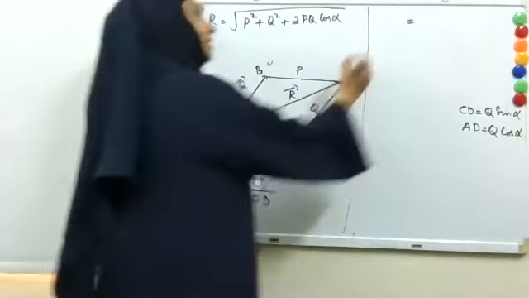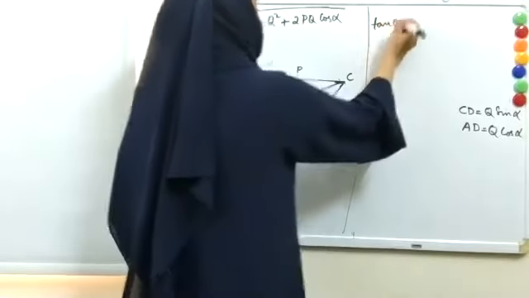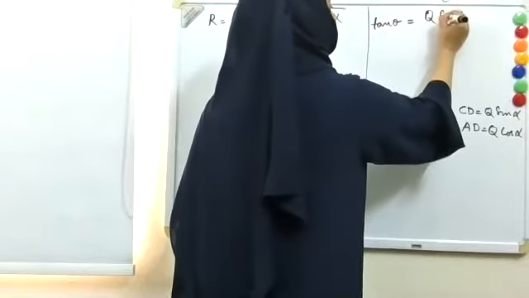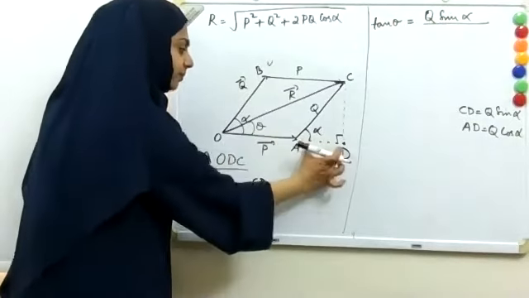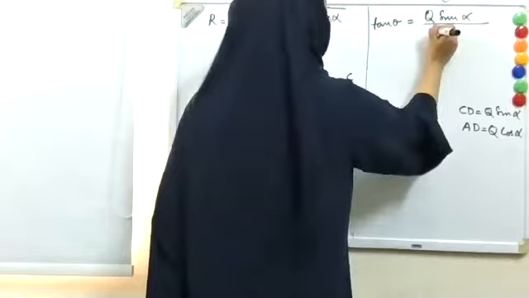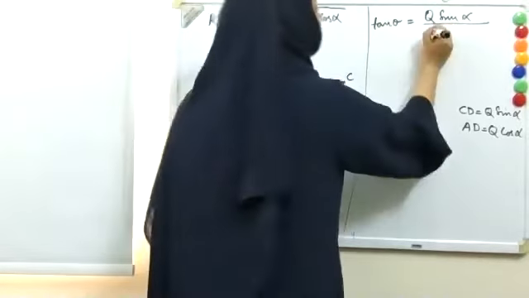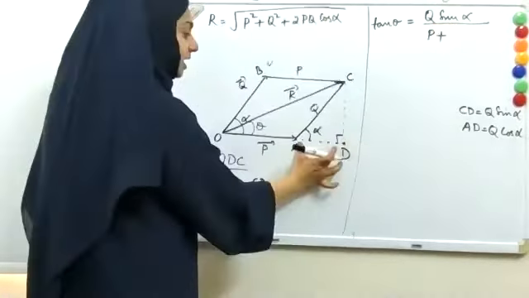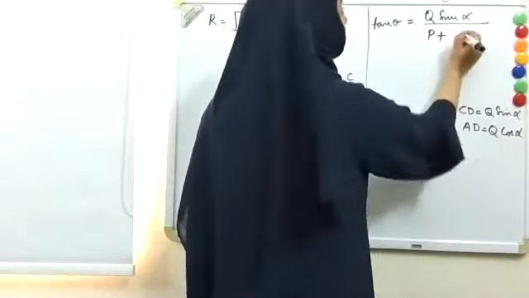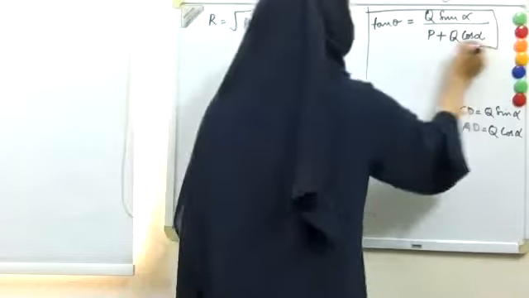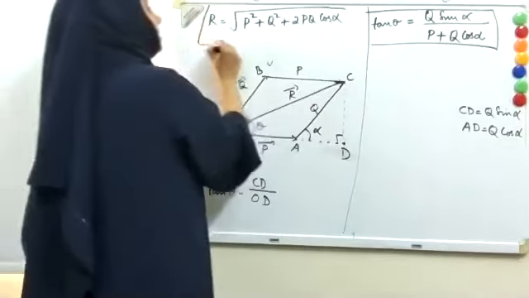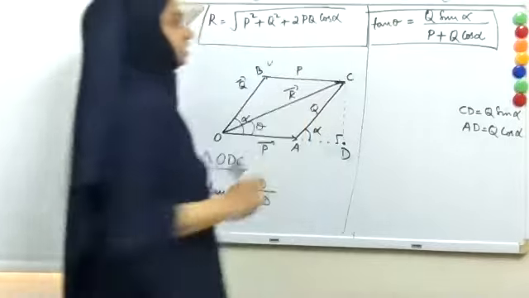So I can write here tan theta is equal to, instead of CD, Q sine alpha, divided by OD, which is equal to OA plus AD. OA is P, and AD is Q cos alpha. So this is how we will mention the direction of the resultant vector.